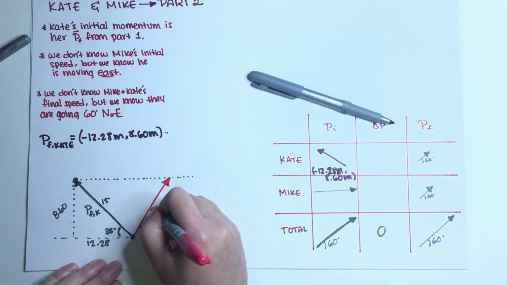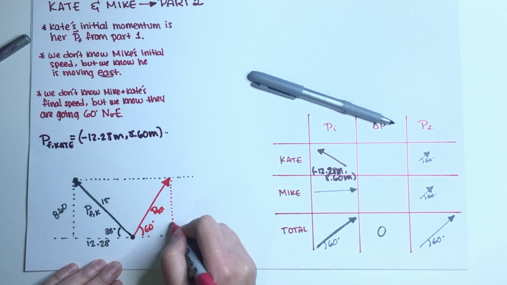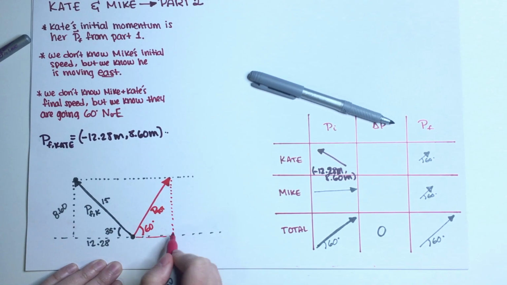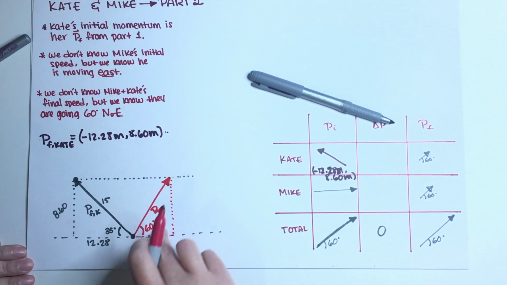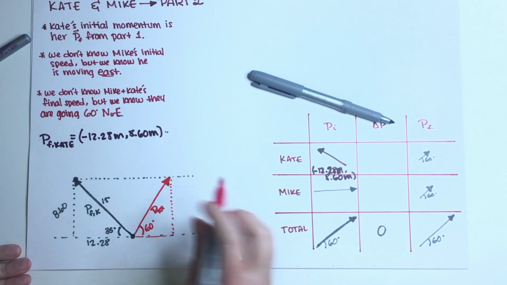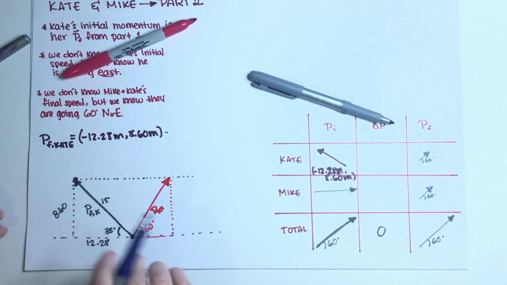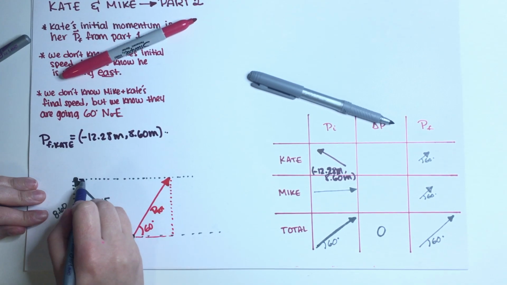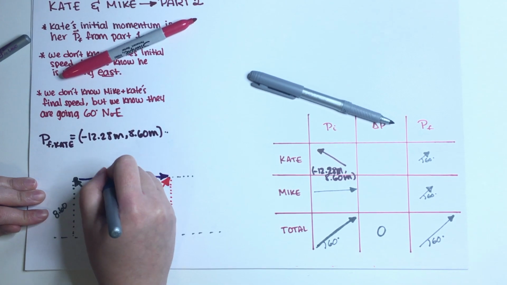So this is the total momentum. It's going to have an x-axis over here. It's going to have a y coordinate over here. And it's going to be 60 degrees over here, right? And we know that Mike plus Kate has to add up to total. So Mike needs to be this arrow over here.